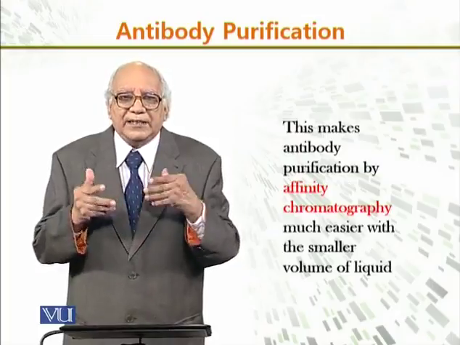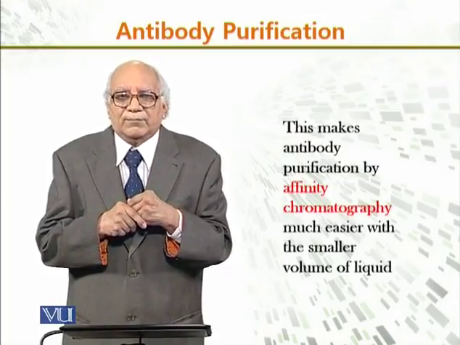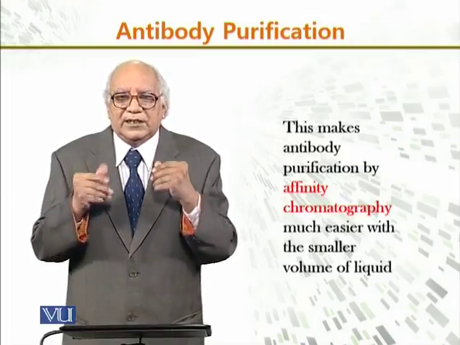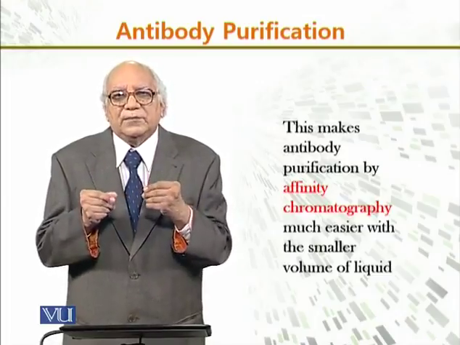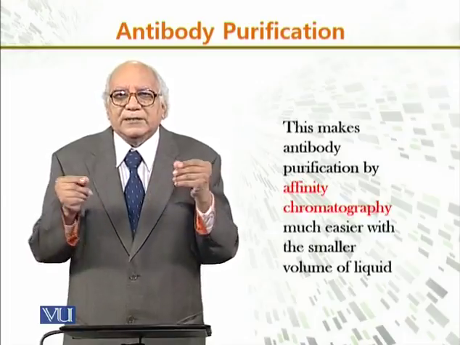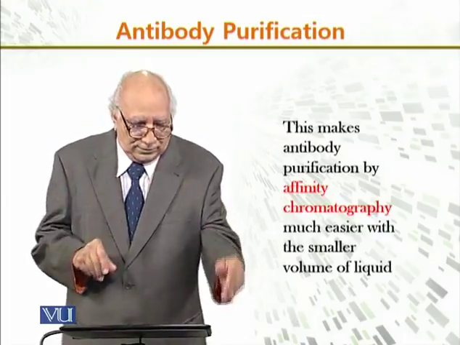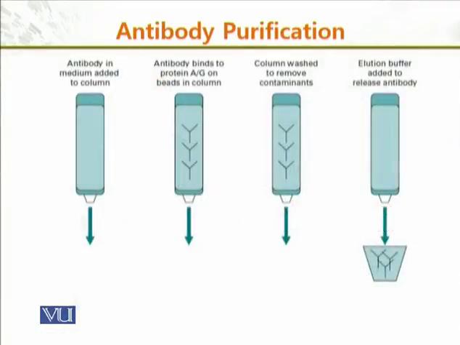Now, this makes antibody purification by affinity chromatography much easier with the smaller volume of liquid. So you see, in this diagram we have shown that one is the column and the solution is added.